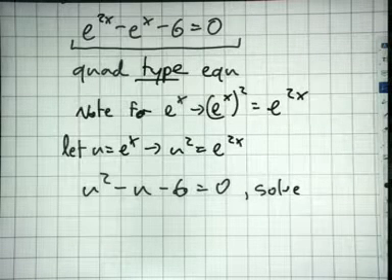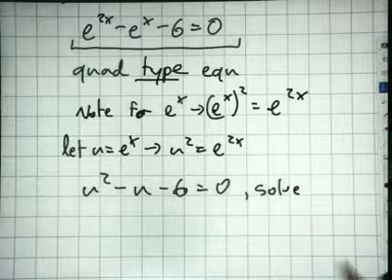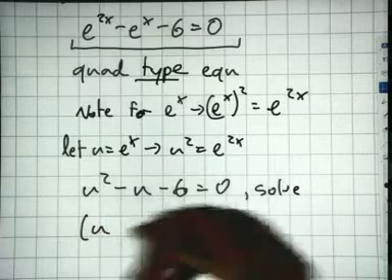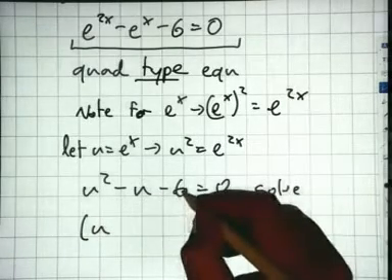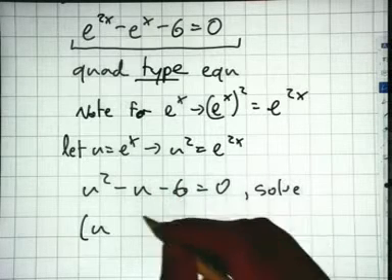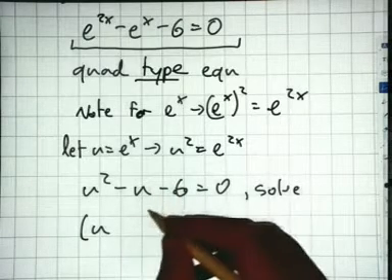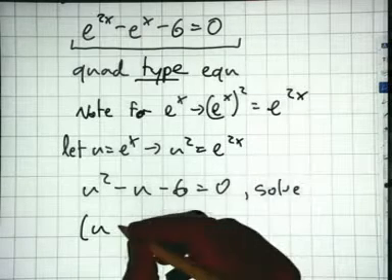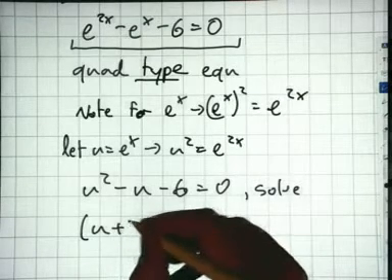Alright, so how do we solve quadratic equations? Well, I like to factor if I can. Factors of -6 that add up to -1. How about +2 and -3?